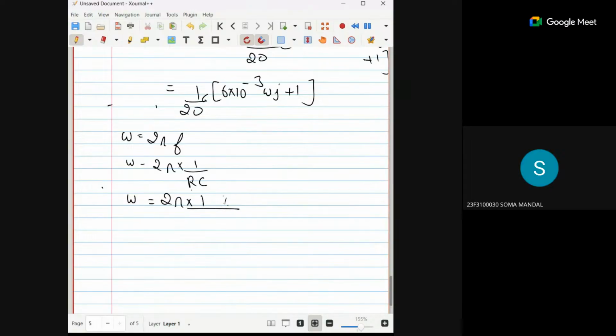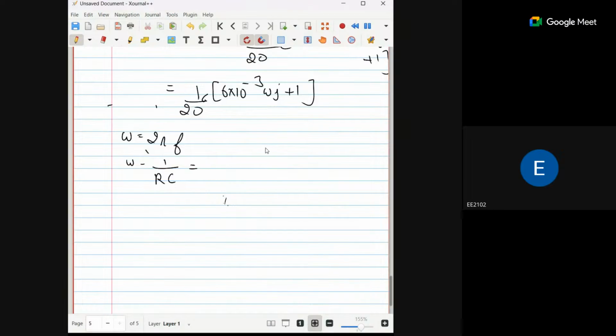Omega equal to 1 by R... 2 pi. Oh, sorry, that too. Directly above, yes, 2 pi RC. That's one.